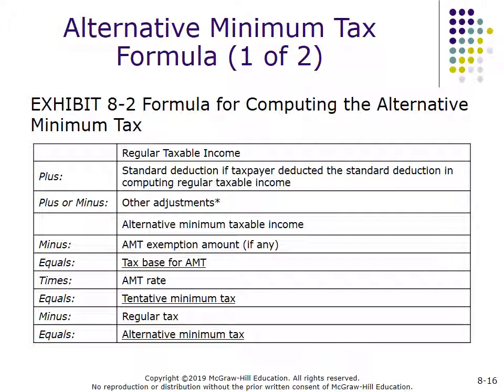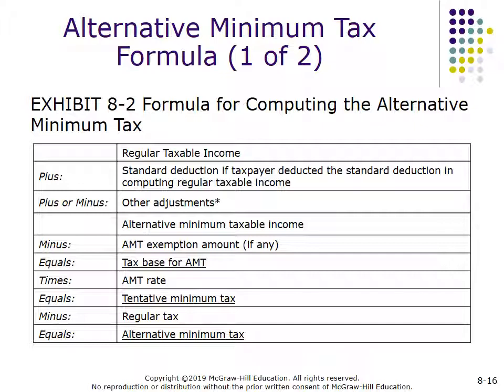There's the real property and personal property taxes that you deducted when you itemized. Add those back. State income or sales tax, add those back. Sometimes certain depreciation may need to be added or subtracted. Okay, so these are just some of the common items that people will use to compute their AMT.